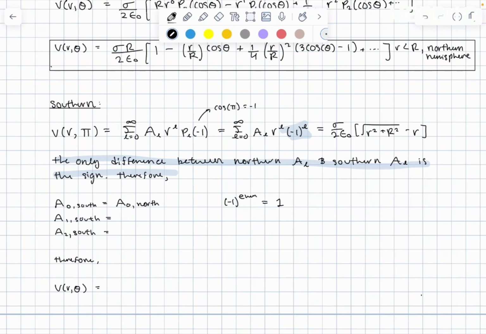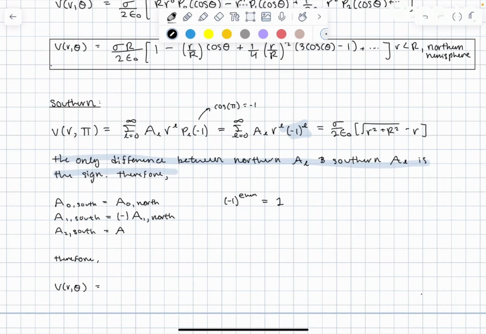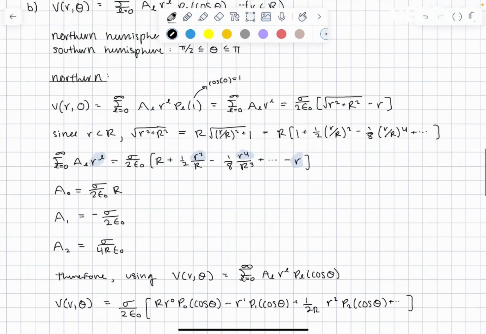But A1 of south is going to be equal to negative times negative A1 of north. And same thing for the A2, it'll just be the same as A2 of the north. So we don't have to go through all the same steps that we did here.